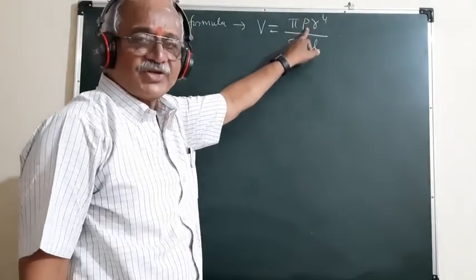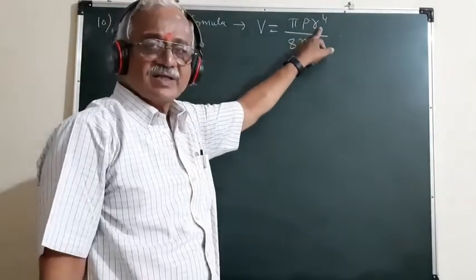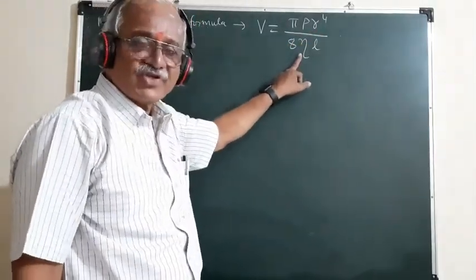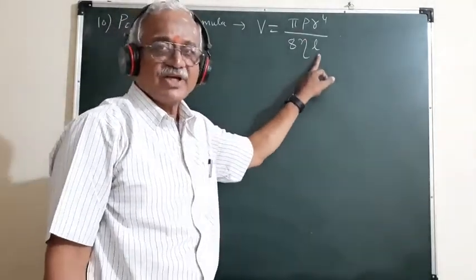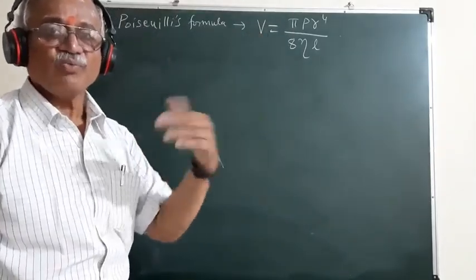P is the pressure difference between the two ends of a capillary tube. r is the radius of the capillary tube. Eta is the coefficient of viscosity of the given liquid. l is the length of the capillary tube, and this phi gives us the volume rate of flow.